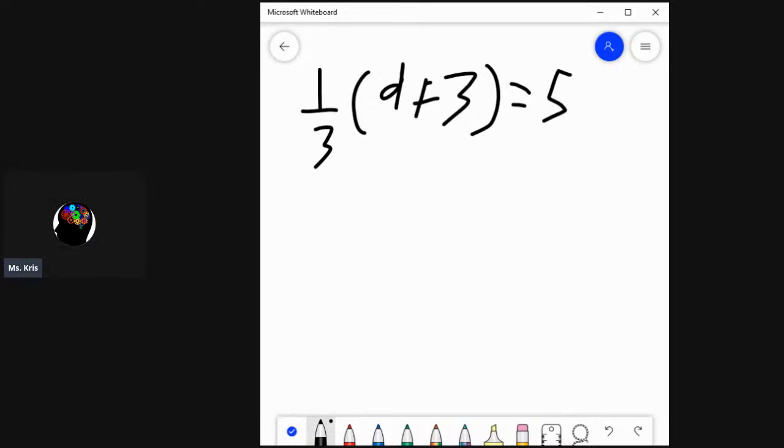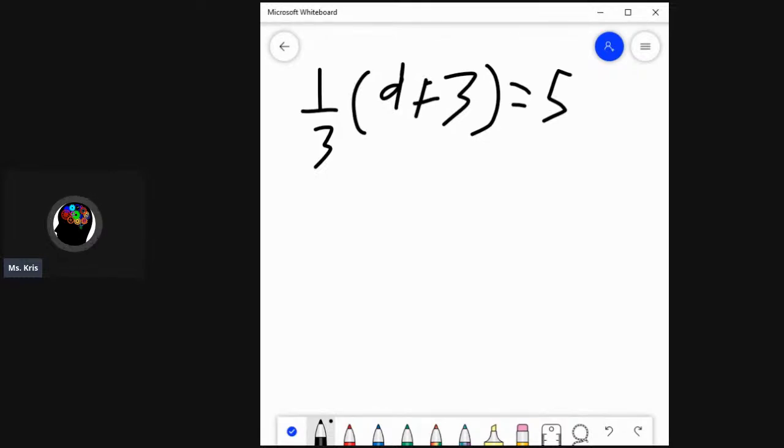Now, I know you're looking like, am I going to have to distribute this fraction to the letter and the 3? You can do that, but then you'll have d over 3 plus 1 and all that extra stuff that really can be easily eliminated. And here's how.